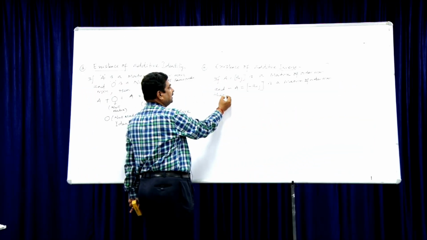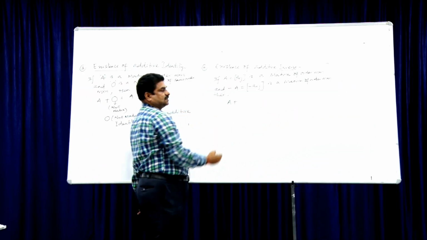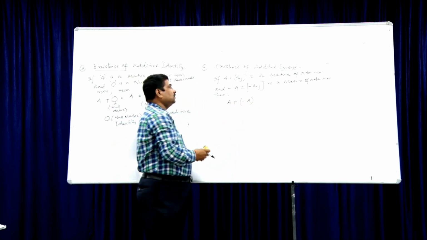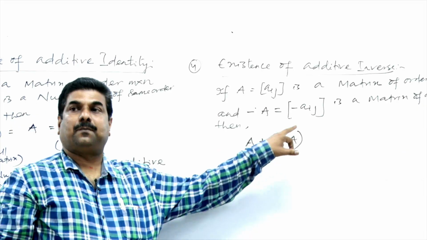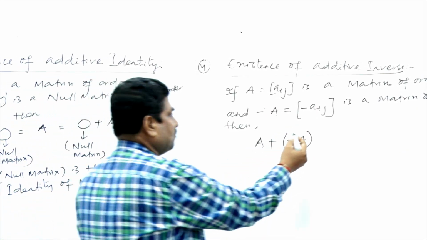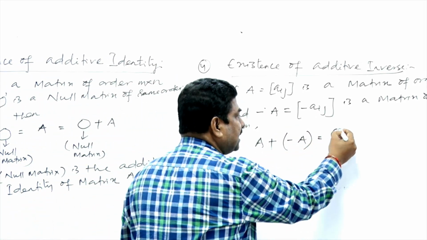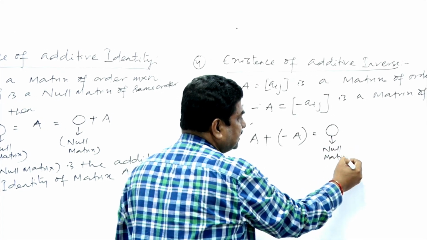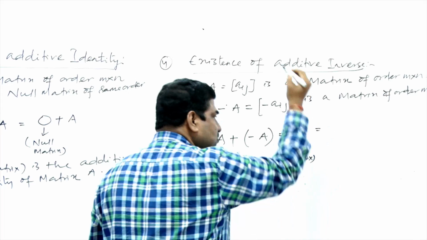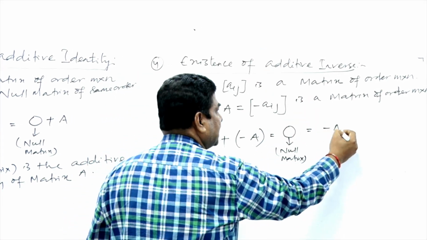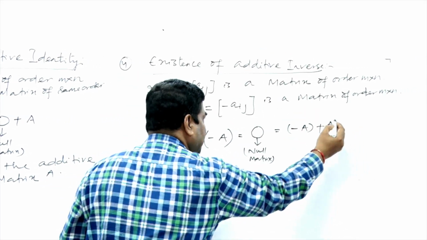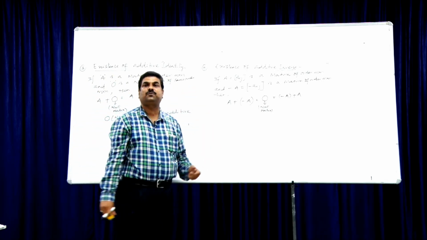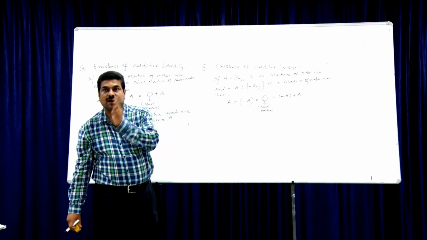Then we can write A plus minus A, dear. Here you see A plus minus A is equal to a null matrix, which is also equal to minus A plus A, because I have already explained that addition of two matrices is commutative.